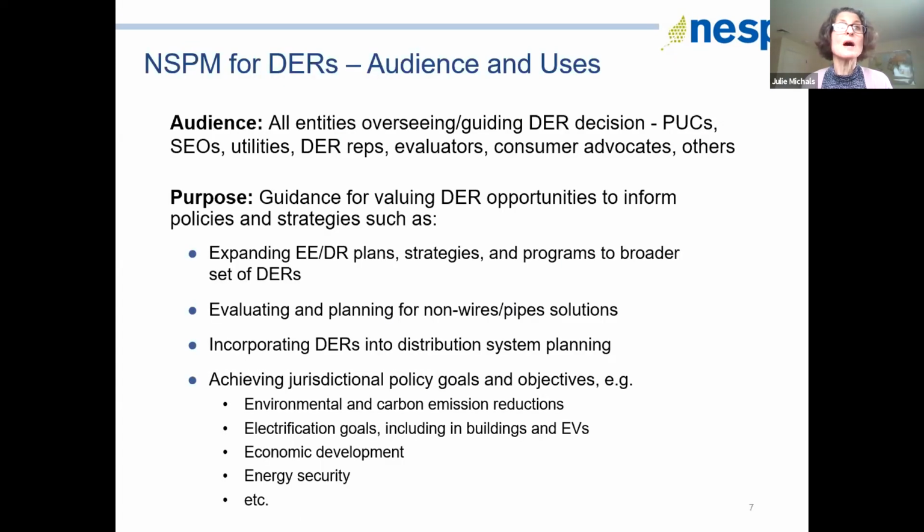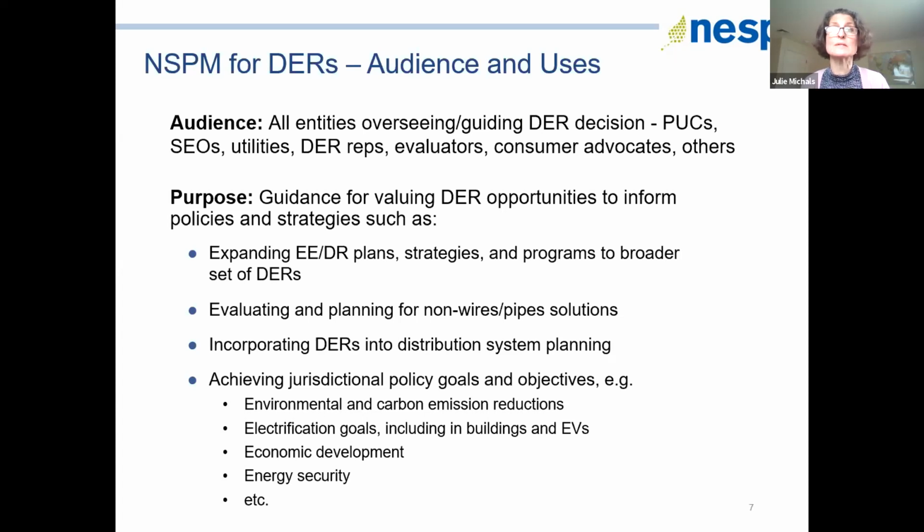The audience and uses for the NSPM is quite broad. It's any entities overseeing or guiding DER decisions, including PUCs, state energy offices, those of you on the phone here representing those agencies, utilities, DER representatives, practitioners, consumer advocates, and so forth. And the purpose really is to help guide valuing these DER opportunities to inform policies and strategies. And it can be a host of things.